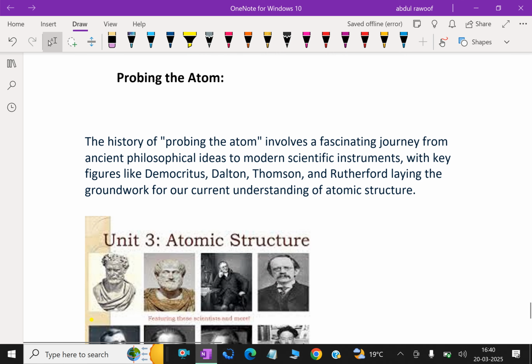The history of probing the atom involves a fascinating journey from ancient philosophical ideas to modern scientific instruments, with key figures like Democritus, Dalton, Thomson, and Rutherford laying the groundwork for our current understanding of atomic structure.